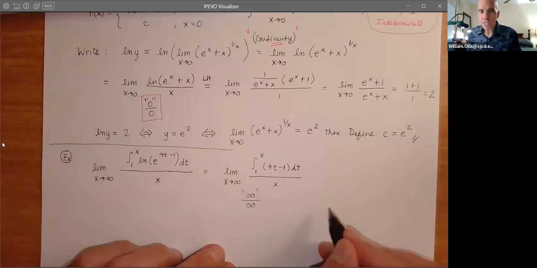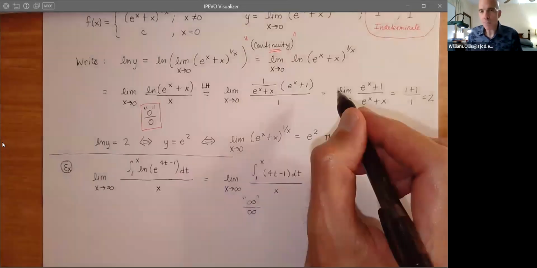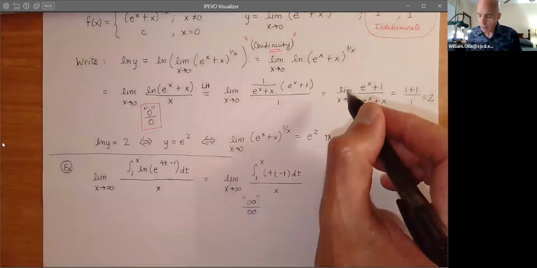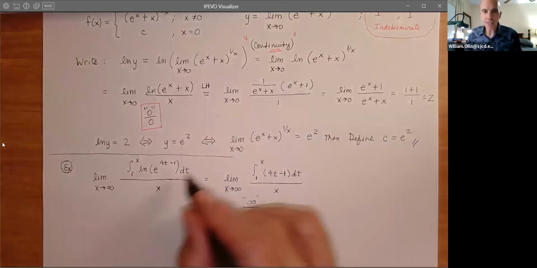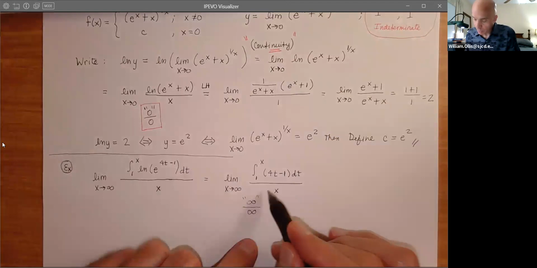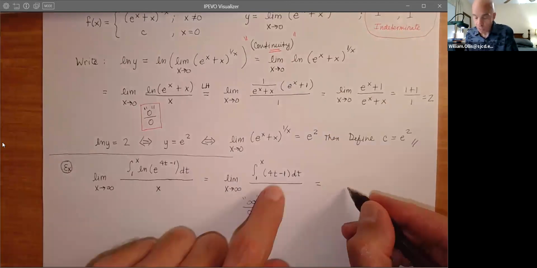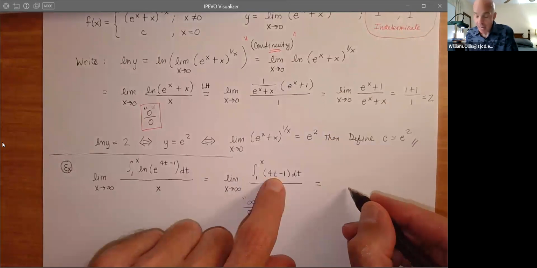So what we're seeing here is that we get to use all the calculus that we already know, the properties of logarithms, properties of definite integrals or indefinite integrals, which we have at our disposal completely. And now, of course, we can take derivatives. So the derivative of the integral is just going to be the integrand evaluated, in this case, at x.